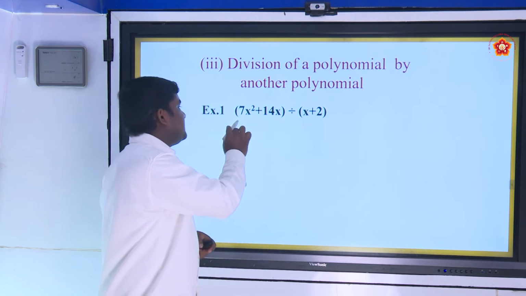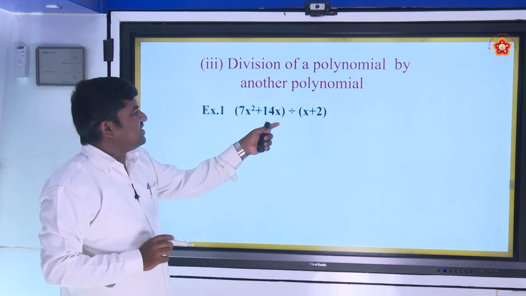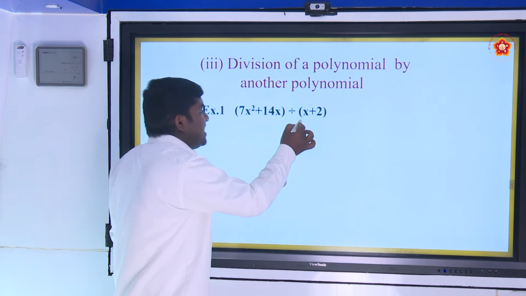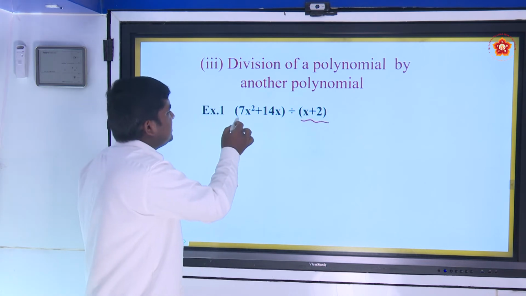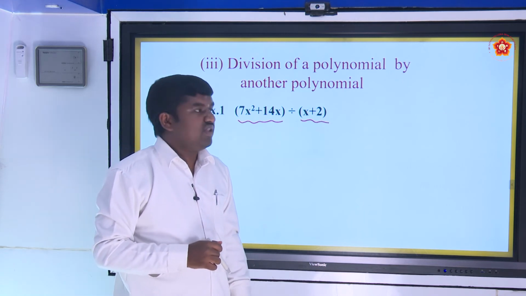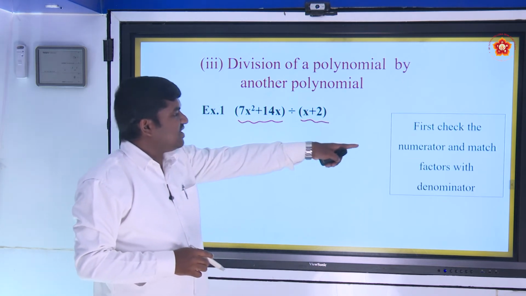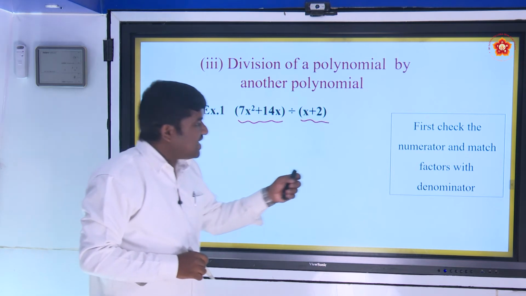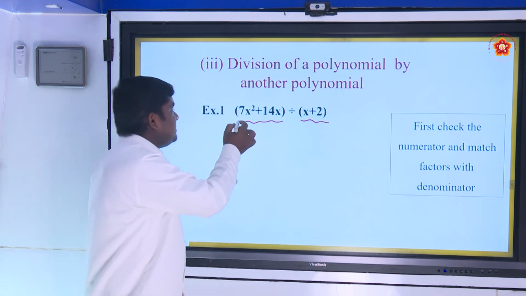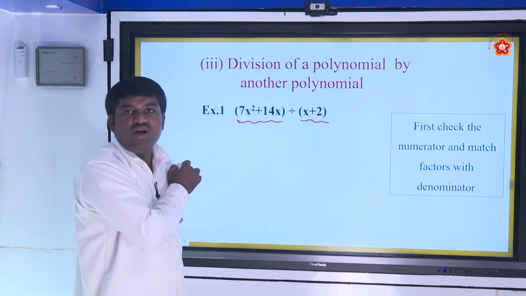First one, 7x square plus 14x divided by x plus 2. Here x plus 2 is there, and here 7x square plus 14x. What do we have to do? Very simple. First check the numerator and match the factors with the denominator. This is the numerator and this is the denominator.